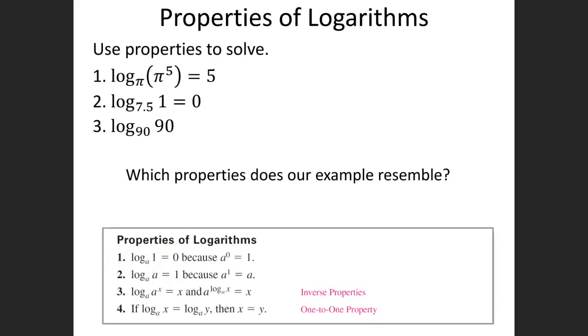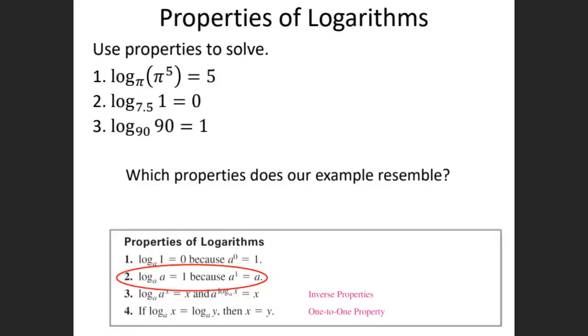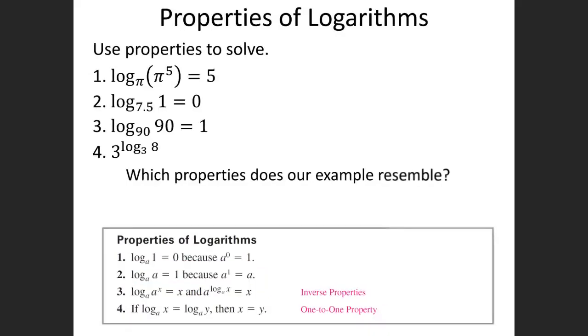All right, how about this one? Log of base 90 with input 90. Oh, this one's that second property: a log of a given base where I've input the same value is just going to give me the answer 1. So our answer is equal to 1.